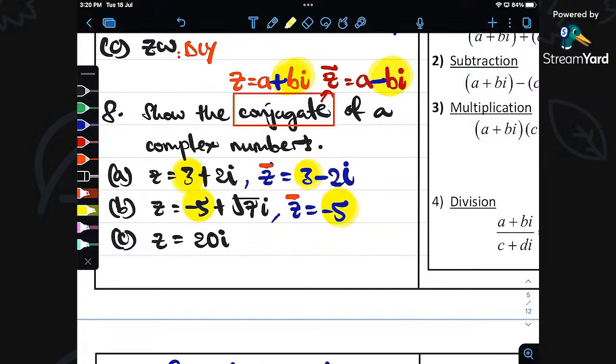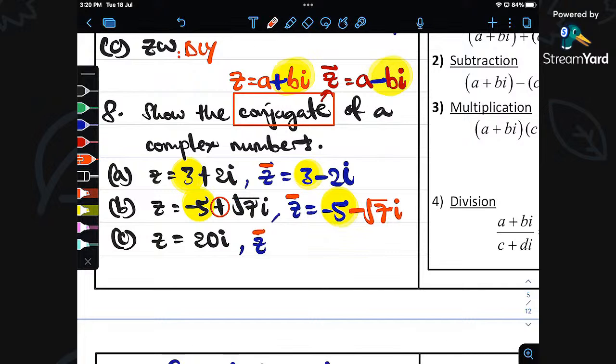What changes is only the imaginary part. So from positive it becomes negative. The number is still the same. That is what we call the conjugate. Maybe you can show me the last one. Z is equal to 20i. Can you tell me what's the Z bar?